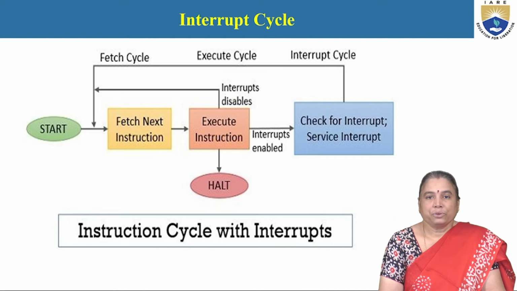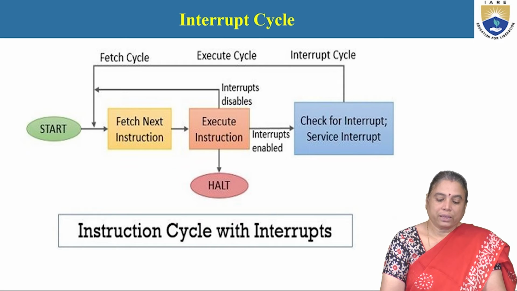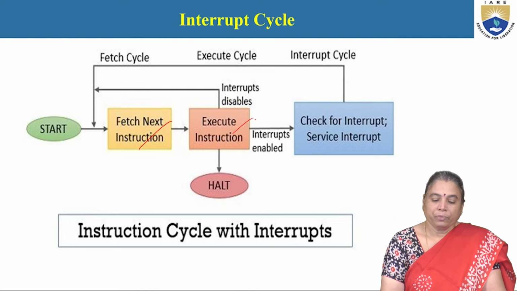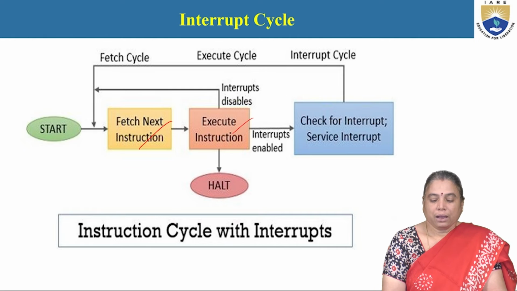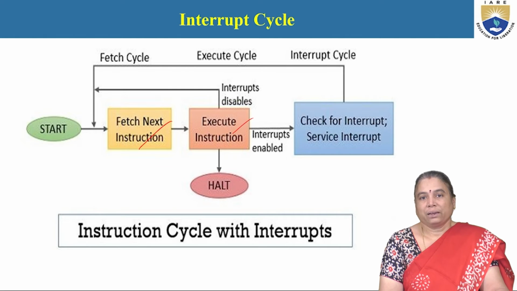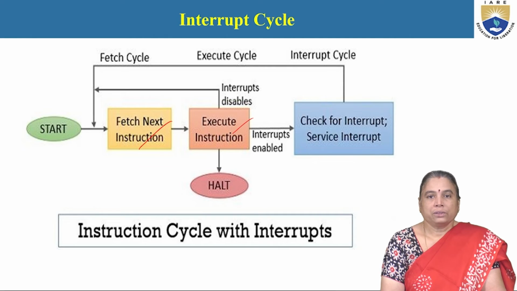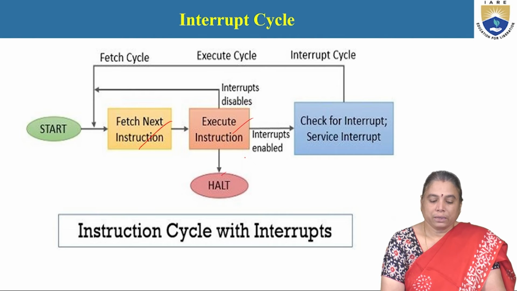During the interrupt cycle, at the end of the instruction cycle, the occurrence of interrupts is checked. In the instruction cycle, generally the instruction is fetched, and next the instruction is executed. Fetch and decode operations are performed in the fetch cycle, and getting the effective address of the operand and execution of the instruction are done in the execute cycle. If the execution of the instruction completes without an interrupt, then stop the program execution.